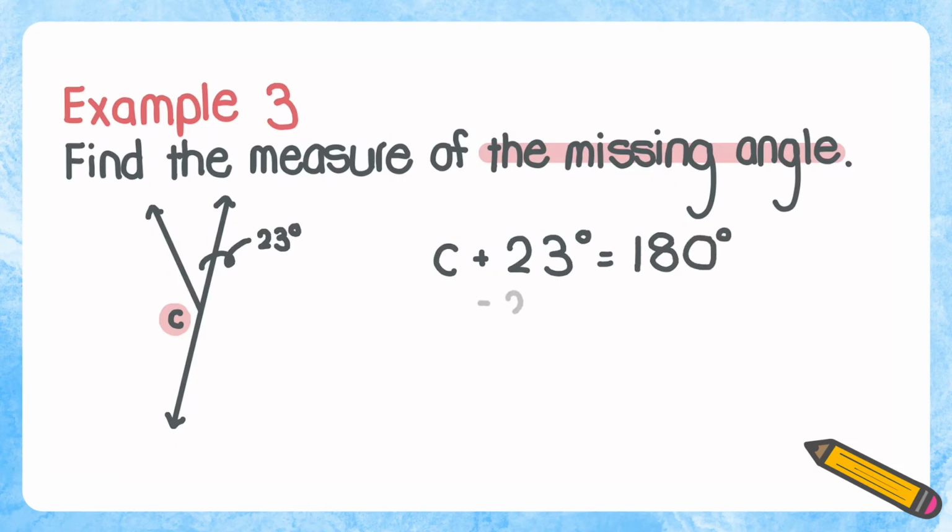To solve for C, I subtract 23 degrees on both sides. Cancels out, and I am left with C equals 180 degrees minus 23 degrees, which equals 157 degrees. This is the missing angle measure.